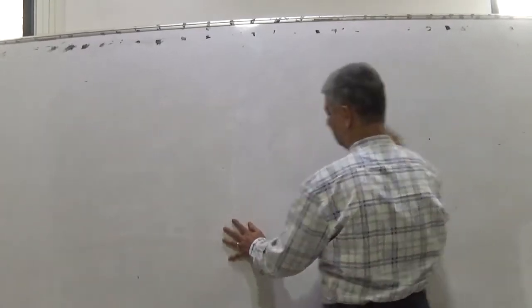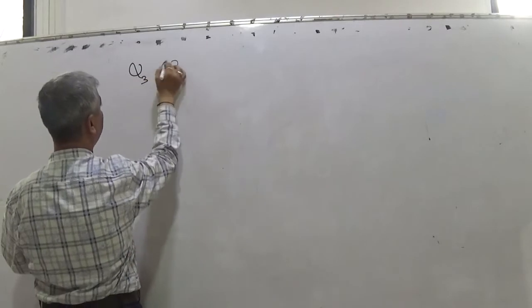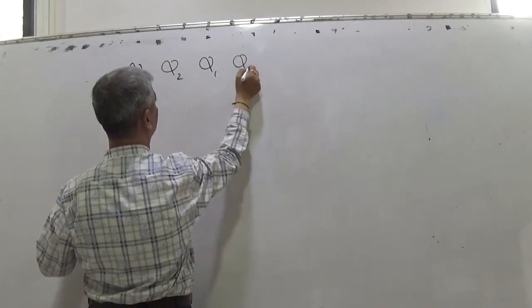So a decade counter is having how many states? 10 states. So Q3, Q2, Q1, Q0.